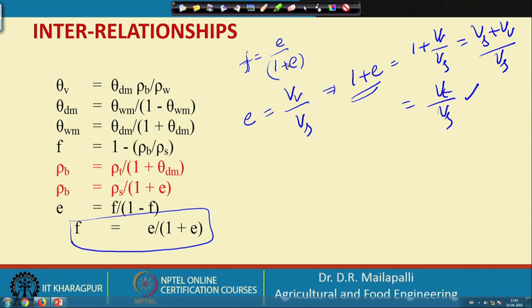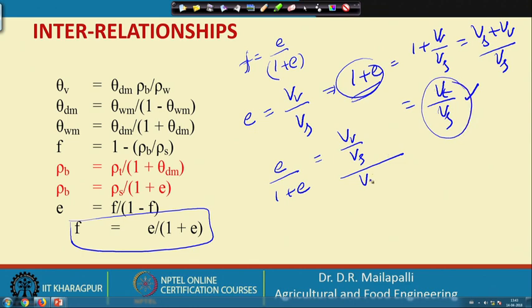So 1 plus E is equal to V t by V s. Now the next thing is E by 1 plus E. E is V v by V s, divided by 1 plus E, which is V t by V s.